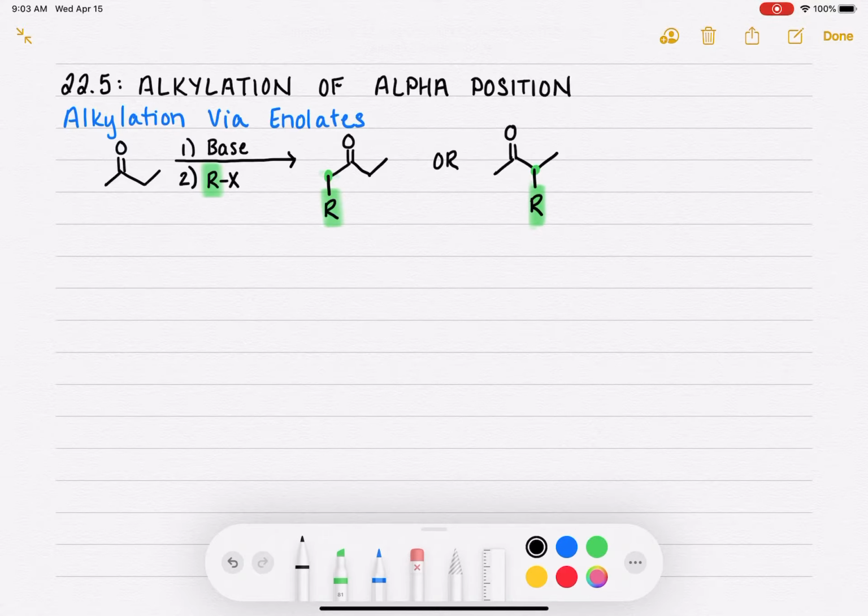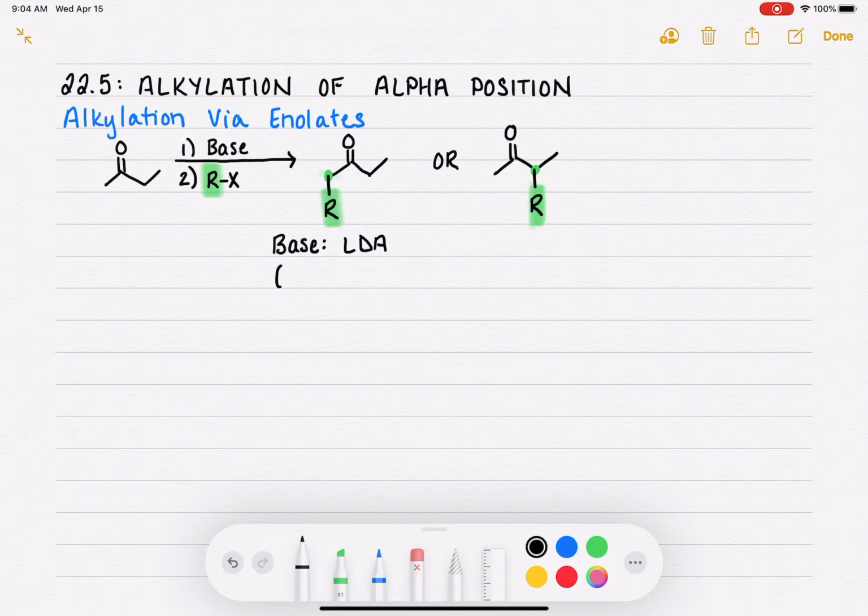So our options for our base depend on where we want the alkylation to take place. If we want the alkylation to take place on the least substituted carbon, which is the first structure that I drew, you want to use our friend LDA, lithium diisopropylamide.